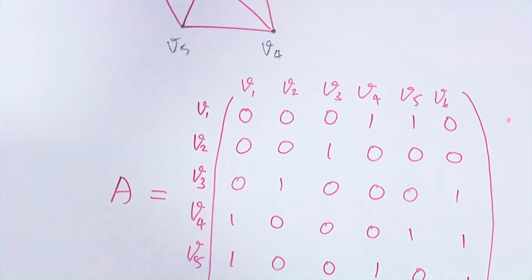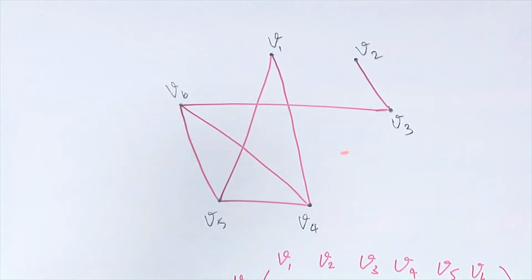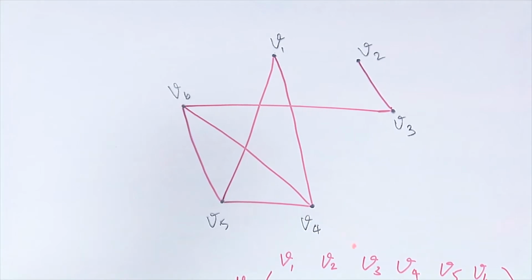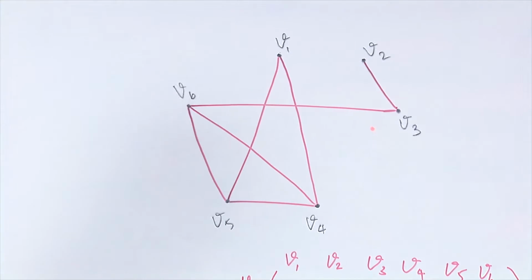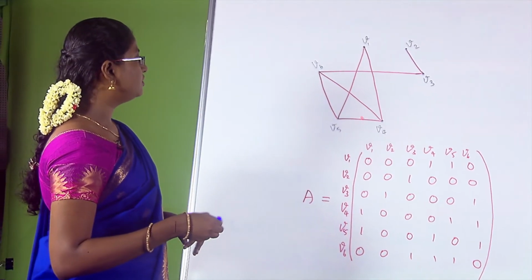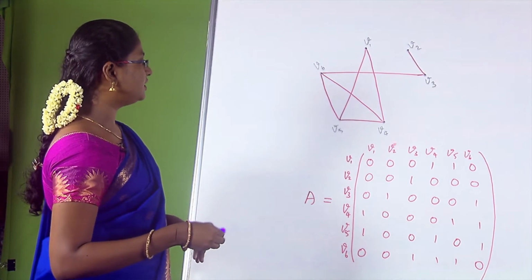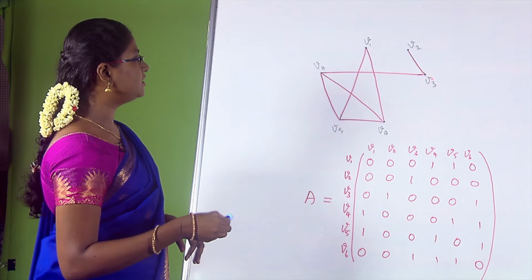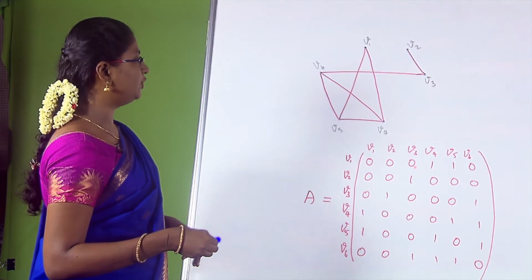So, we are going to find the entries of the first row. As you can see here, V1 is not adjacent to V1, since this is a simple graph with no loop, which means the first entry in the first row is 0. Similarly, V1 is not adjacent to V2, therefore the second entry is also 0, and V1 is not adjacent to V3, so the third entry is also 0.